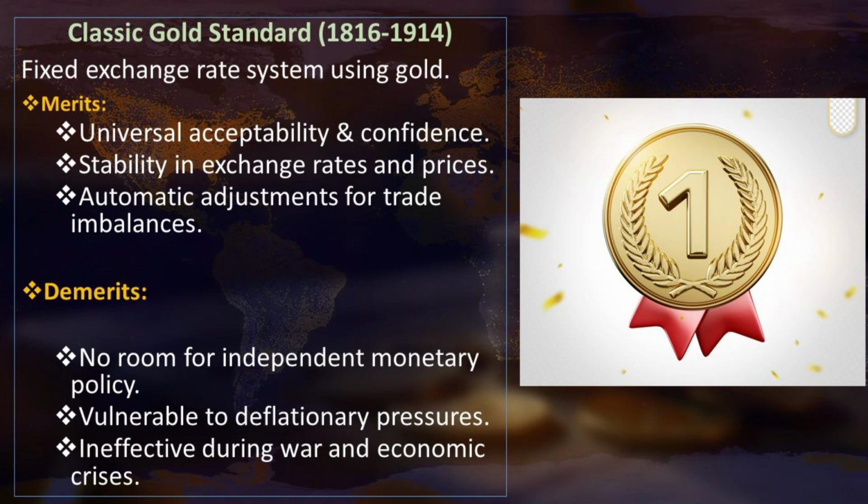The gold standard system is also criticized on the ground that it failed to deal with situations during crisis. That is why this system collapsed during war and economic downturn.